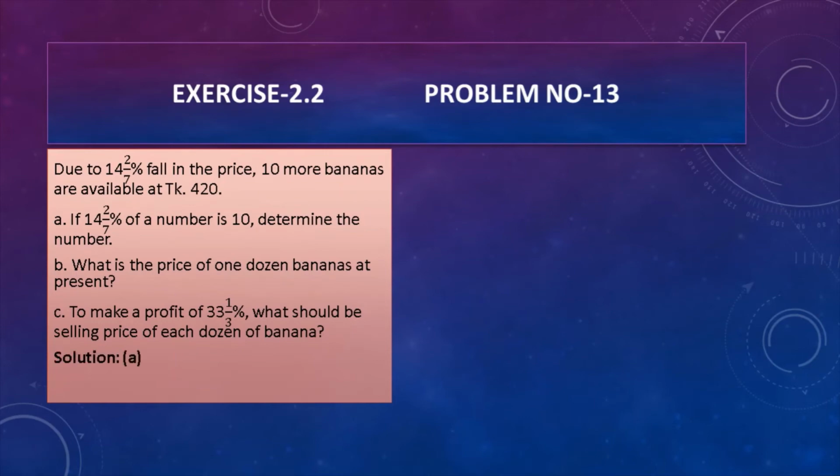Let us see the solution A. Let the number be x, because we have to find an unknown number. Here, if 14 2/7% of a number is 10, determine the number. So that is the unknown number, so we let the number be x.